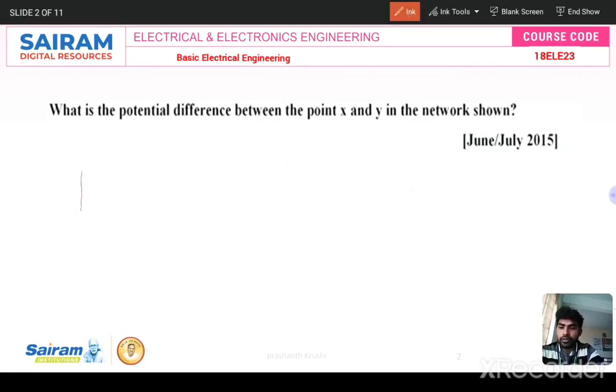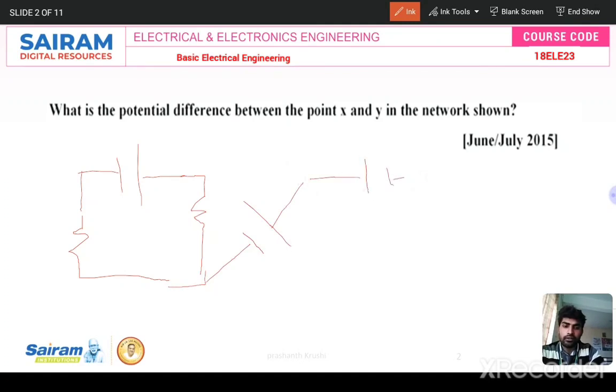Here there is a 3 ohm resistance, and here one voltage source, and here one resistance, and also here one resistance.